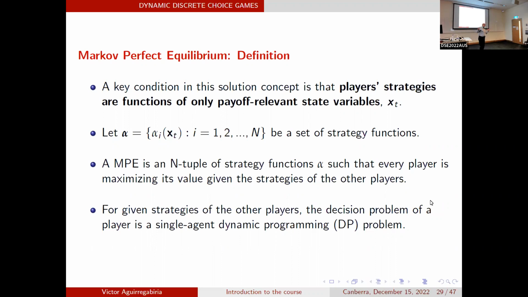Then the Markov perfect equilibrium says that everybody's strategy is the best response to the others' strategies. And best response here means the solution of a dynamic programming problem that takes the other players' strategies as given.